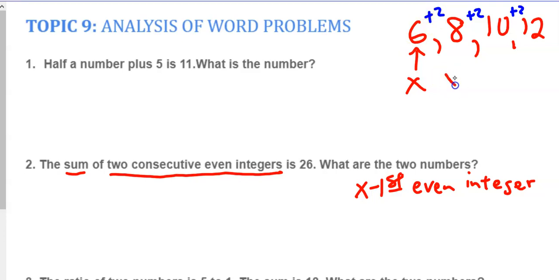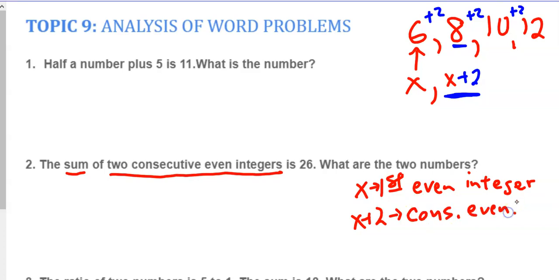So I'm going to have x, and then add 2 to that. This, x plus 2, is our second even integer. Maybe I should use arrows there so it doesn't look like a subtraction sign. So that is our consecutive even integer.